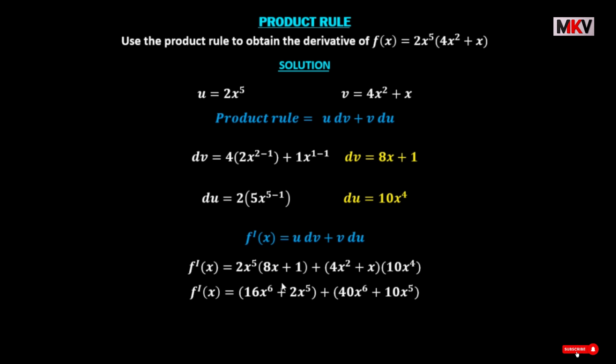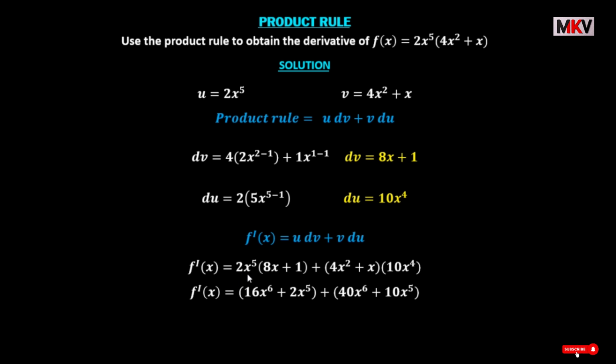We know from indices that when two base numbers are multiplying and the base numbers are the same, we add the exponents. So x to the power 5 times x: we add the exponents 5 plus 1, giving us 6. The x with no exponent means the exponent is 1. So 2x to the power 5 times 8x gives us 16x to the power 6.